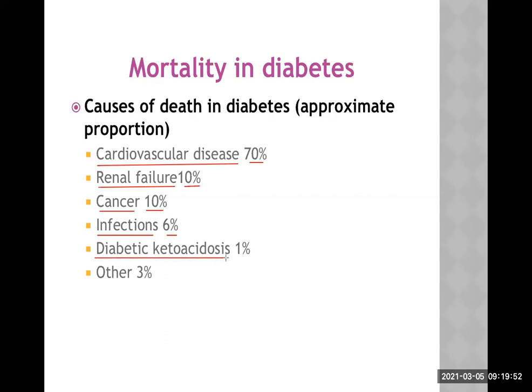Diabetic ketoacidosis can kill the patient, and some other which are not mentioned here. So many factors are related with it. Okay, even accident can kill the patient. Let's say if the patient is having hypoglycemia, which is in connection with the diabetes, okay, that can kill the patient. So this is in association. So we can list that as one of the factor for mortality as well.